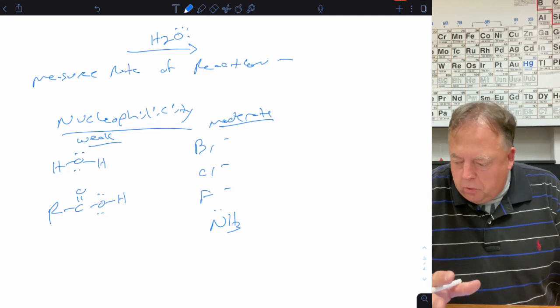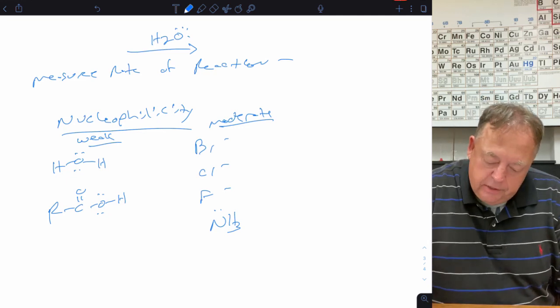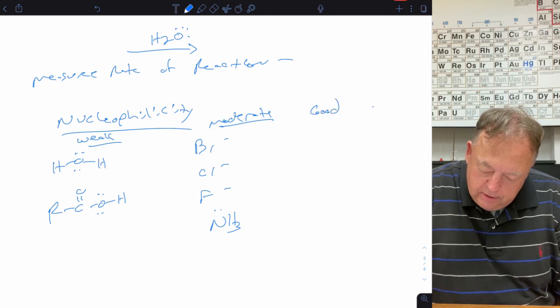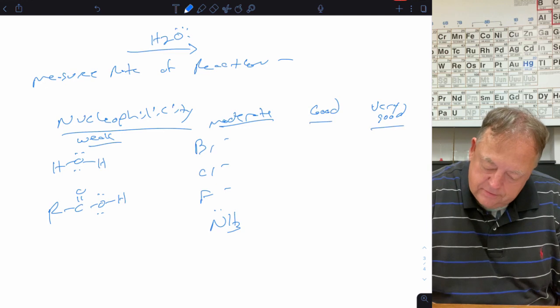So they react at more intermediate speeds, and then you can have good nucleophiles and very good nucleophiles. So again, very technical terms.